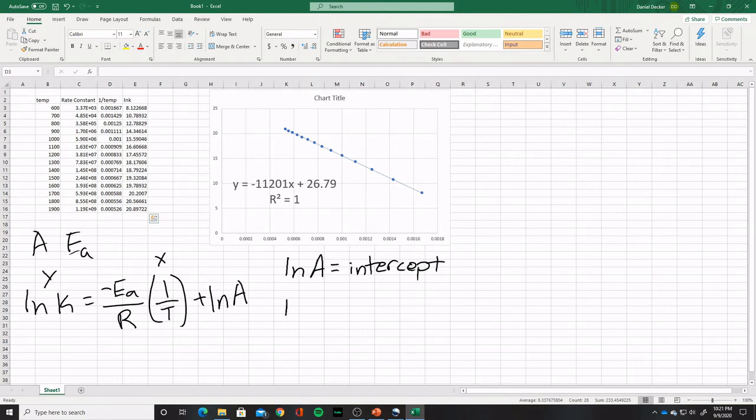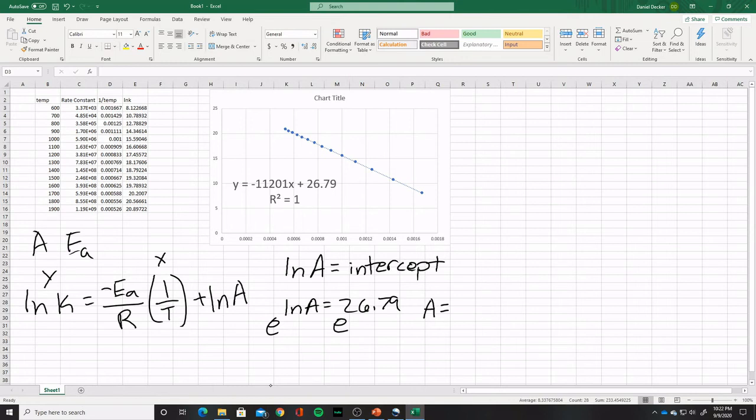So if the natural log of A is equal to 26.79, hopefully you remember from your high school algebra how to remove the natural log here. That is to raise e to both sides. So if we raise e to the natural log of A and we raise e to 26.79, what we will end up with is A is equal to a really, really big number.